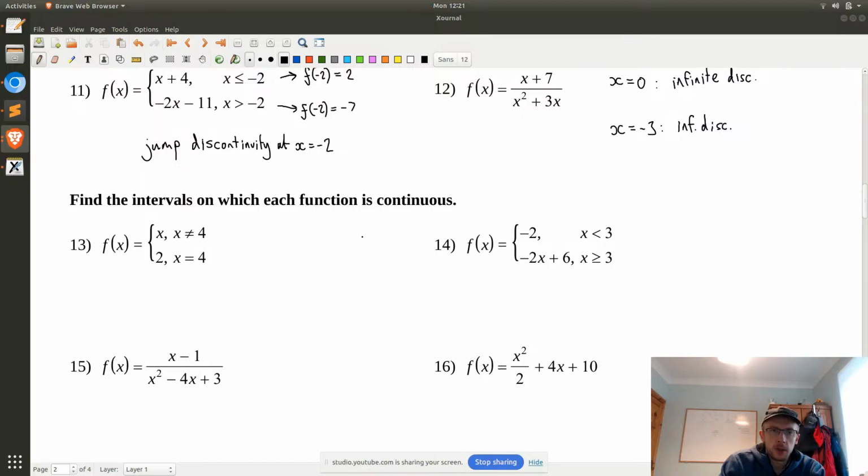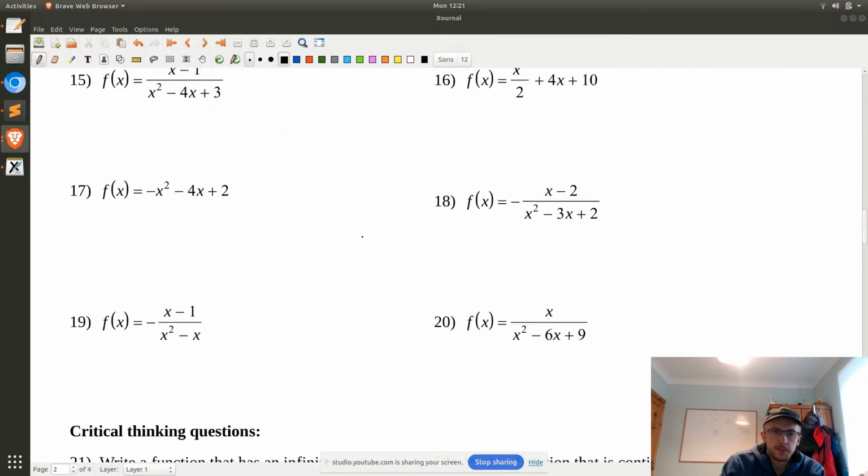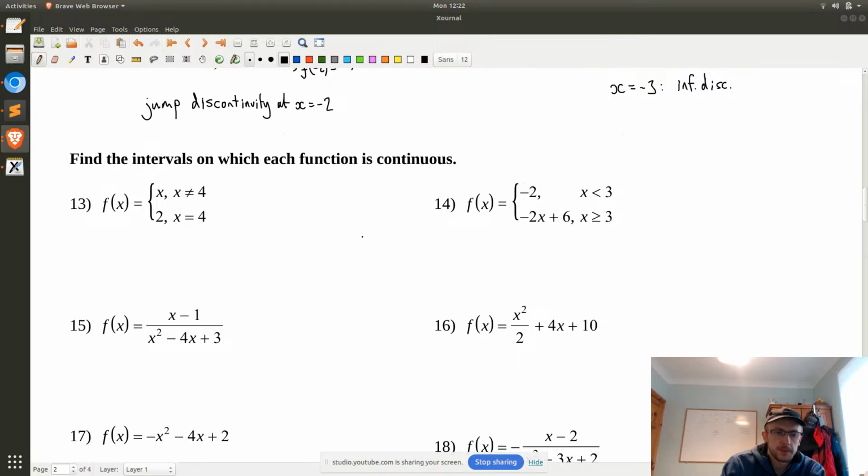Find the intervals on which each function is continuous. All right.